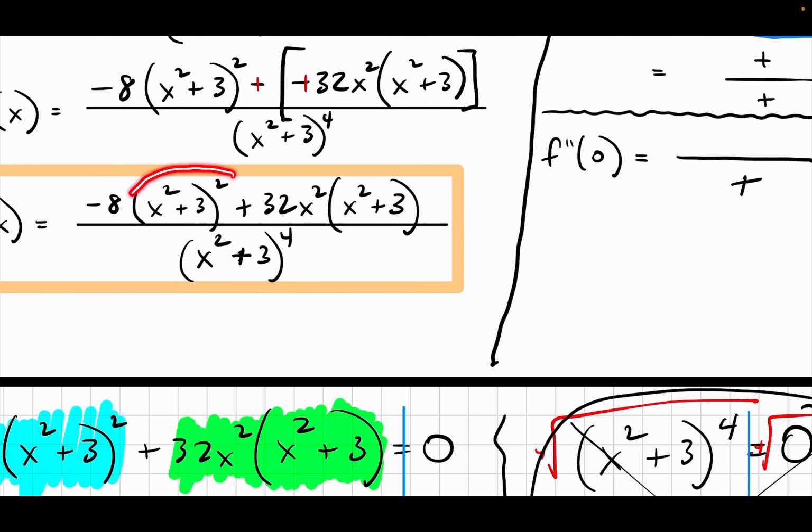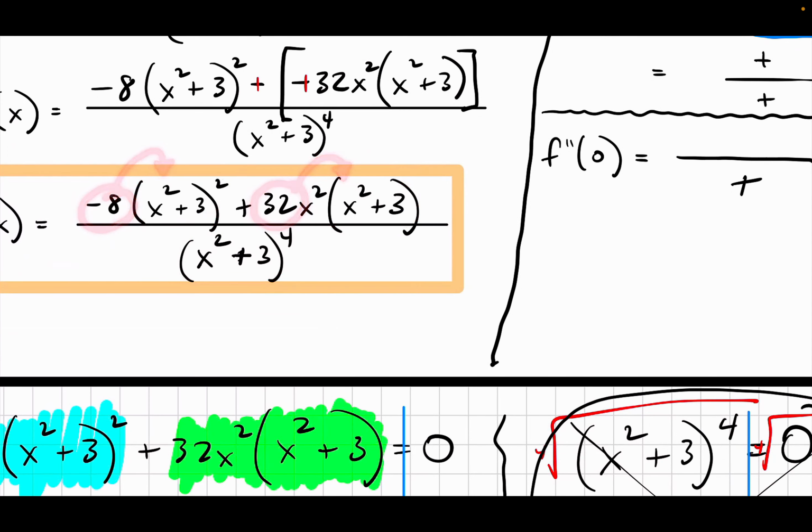I'm going to get a positive here and a positive here. So again, I'm going to have a negative times a positive, which is a negative, and a positive times a negative here. Now, which one of those is going to be bigger, positive or negative? Negative.